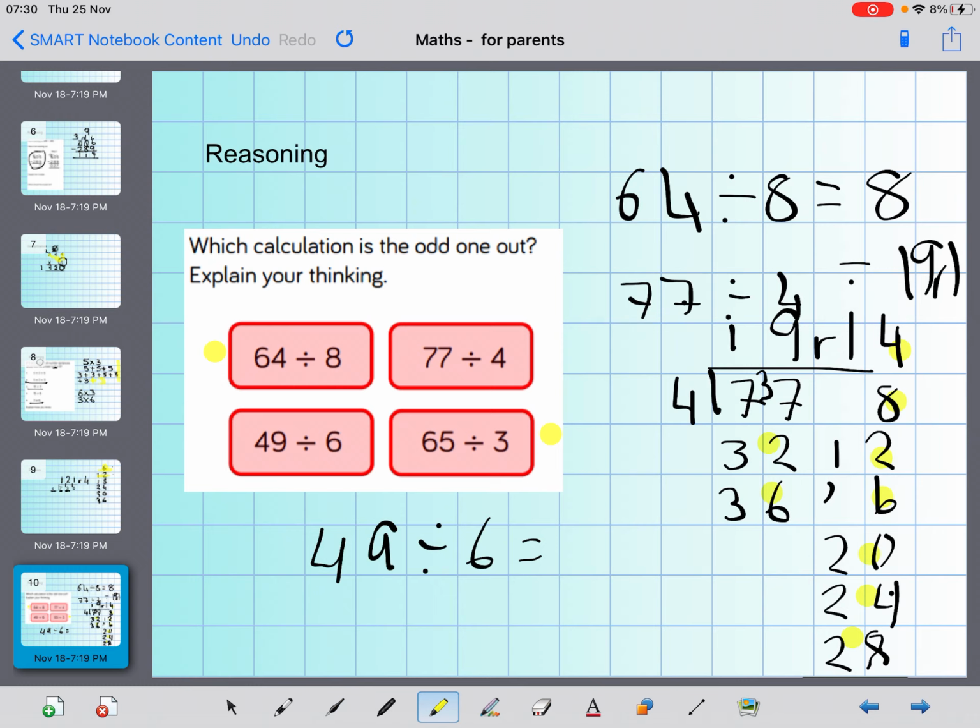So again, that leaves us with 64 divided by 8 being the odd one out because it is the only one without a remainder. As long as the children are explaining their choices, they could have chosen any one of these 4 to be the odd one out, as long as they have a valid reason for it and that they are explaining it fully.